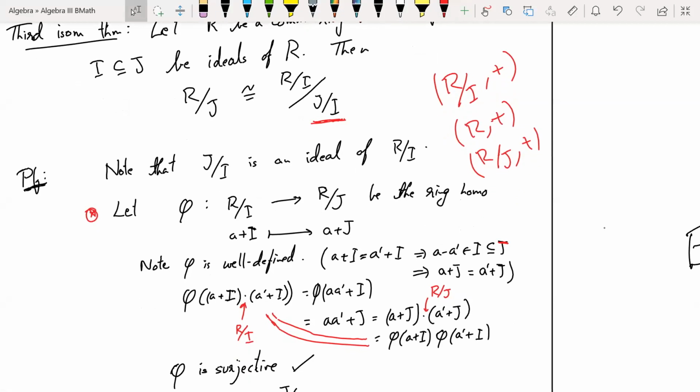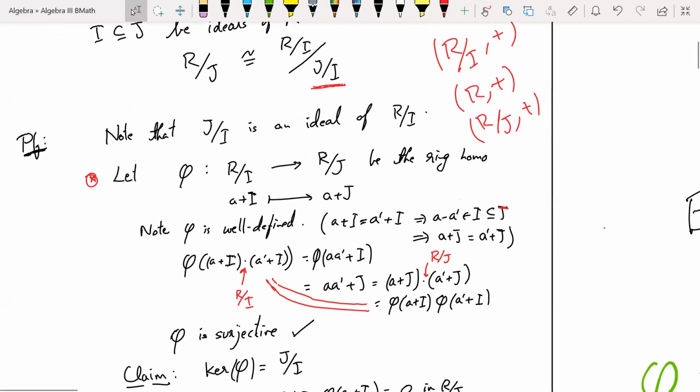So phi is well defined because you are taking a further quotient. If a plus I equals a prime plus I, then a minus a prime belongs to I, so it belongs to J because I is contained in J, which implies a plus J equals a prime plus J. Then you see that it behaves well with respect to multiplication.